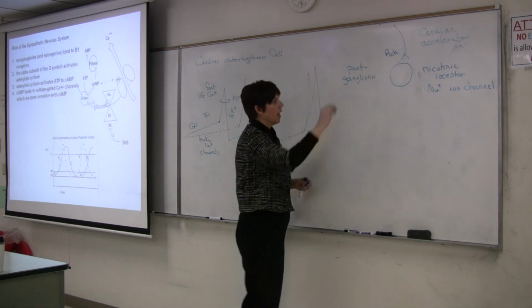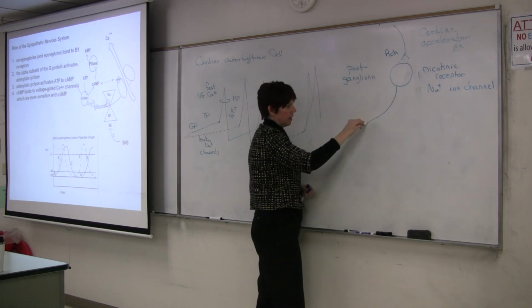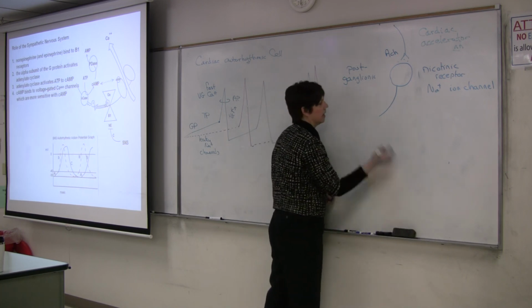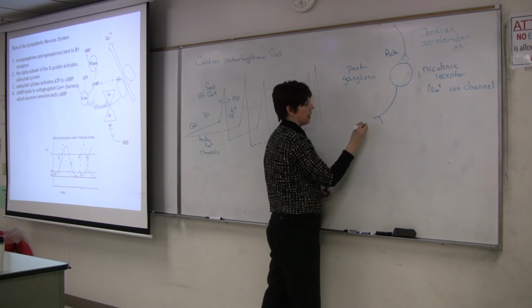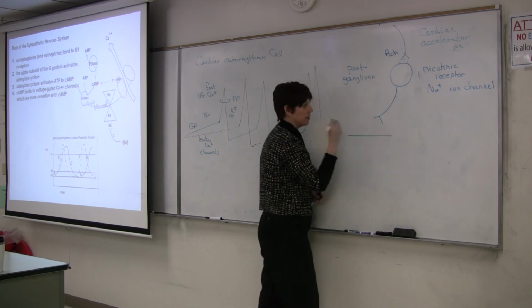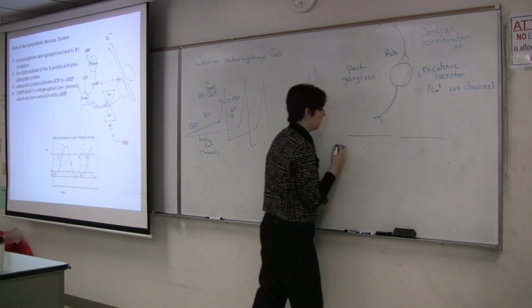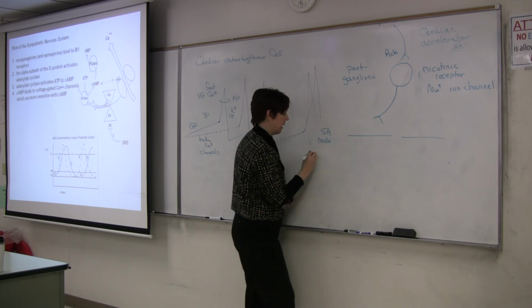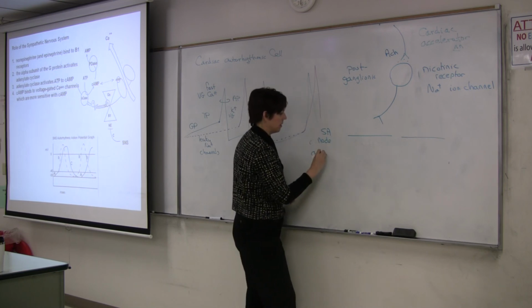Okay? And then, this is going to come to, I'll make it shorter so those of you in the back can see it, two different types of cells. In the SA node, it's going to come to cardiac autorhythmic cells.